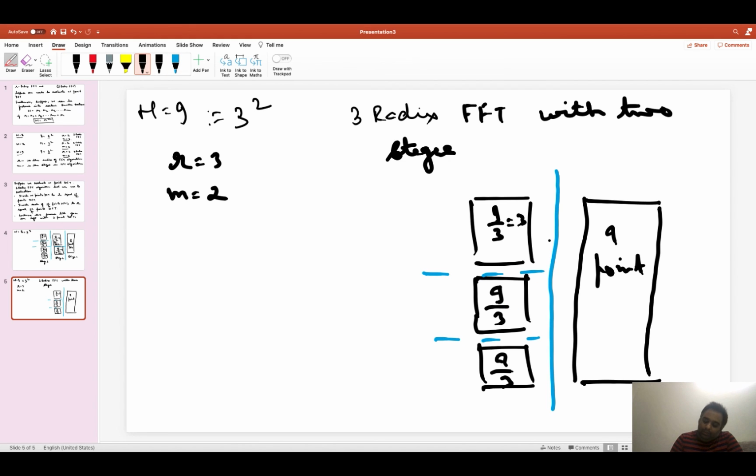So this is 3, this is 3, and this is 3. So this is stage 1, the inputs coming from here, the outputs coming here. We'll see what these are, and these are the inputs coming here. Here you'll have 3, here you have 3, and this will be stage 2.